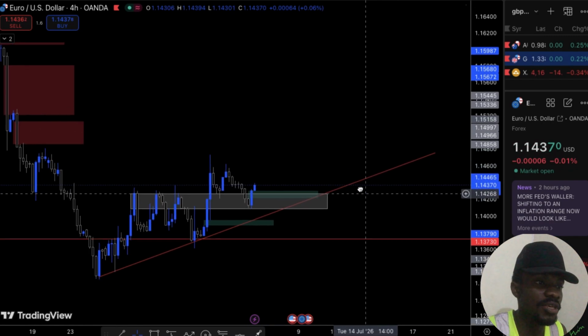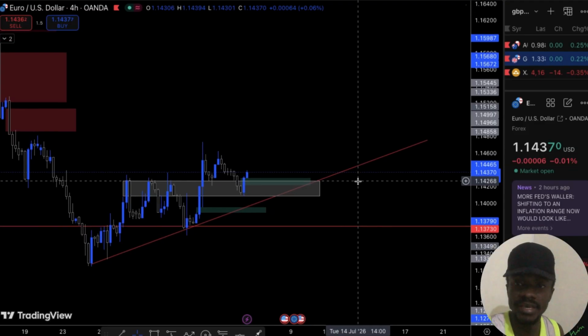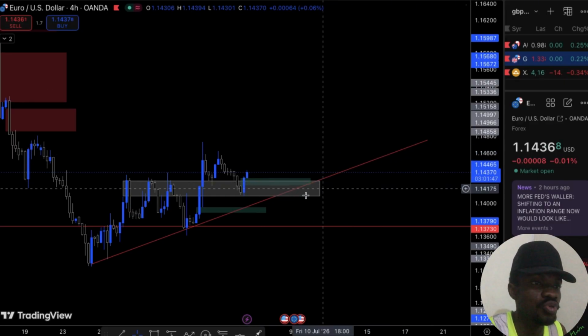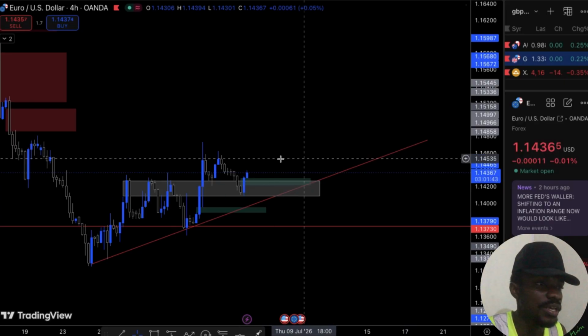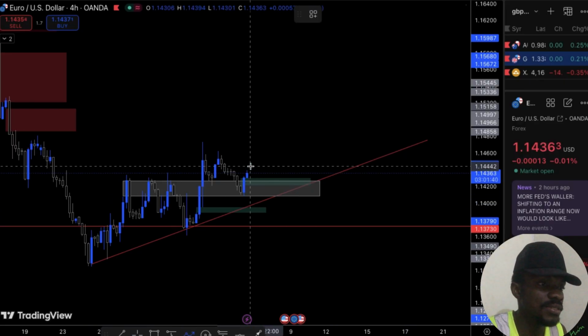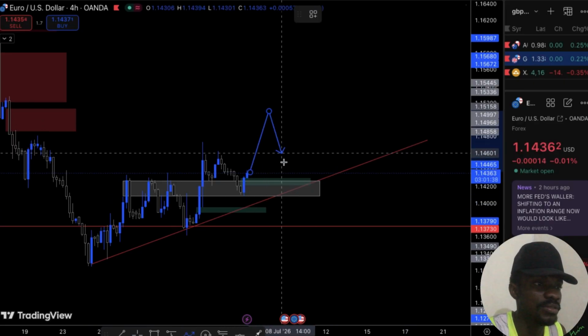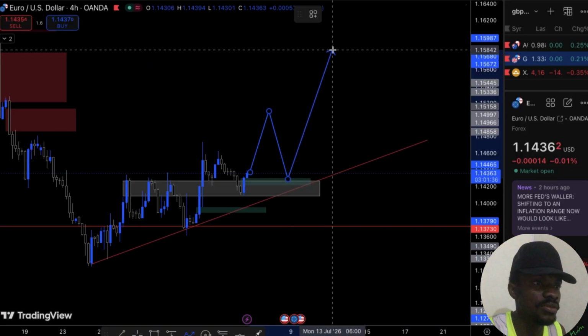So if we want this to play out and get in on a trade with a new trend, let's say we want the uptrend to break to a downtrend before we take our trade, then let's say the market still continues, tapping continues.